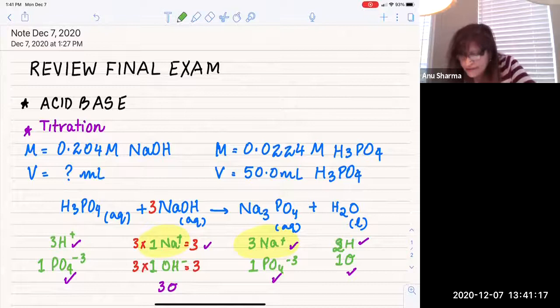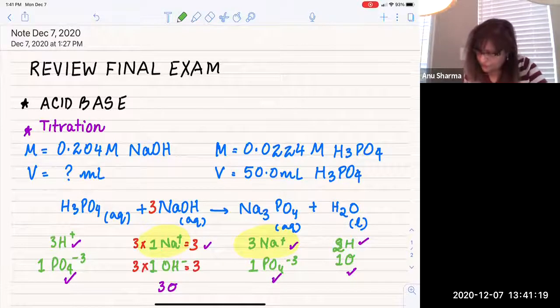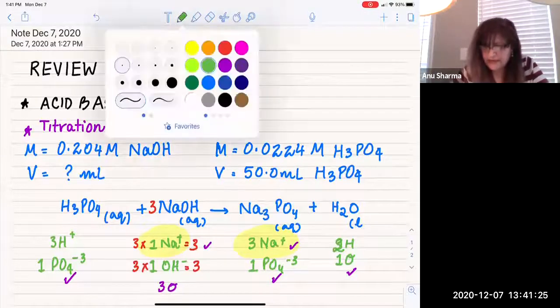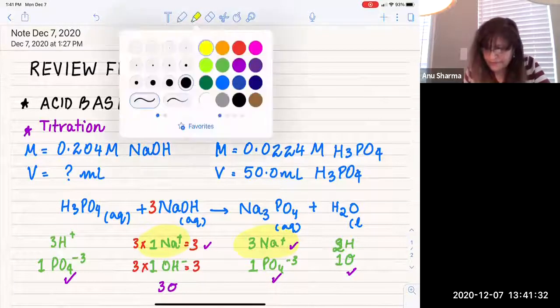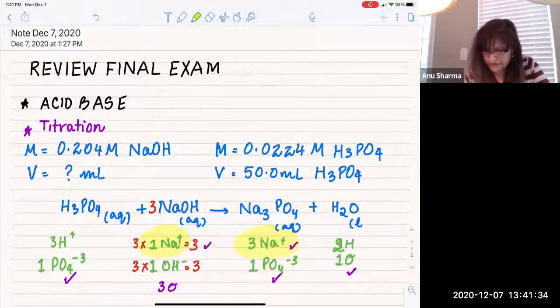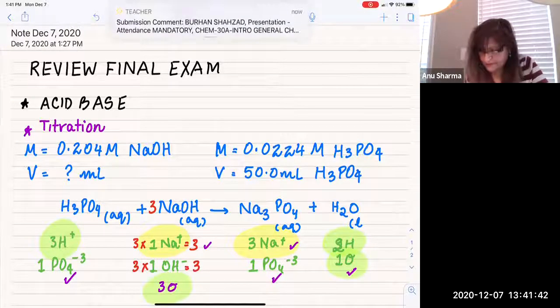So how do we make this? Two hydrogens here, three hydrogens here. So obviously hydrogens are not balanced, right? So what do we do? Tell me. Three hydrogens on one side, three hydrogens here, two hydrogens this side, three oxygens here, one oxygen here. So how do we balance this?